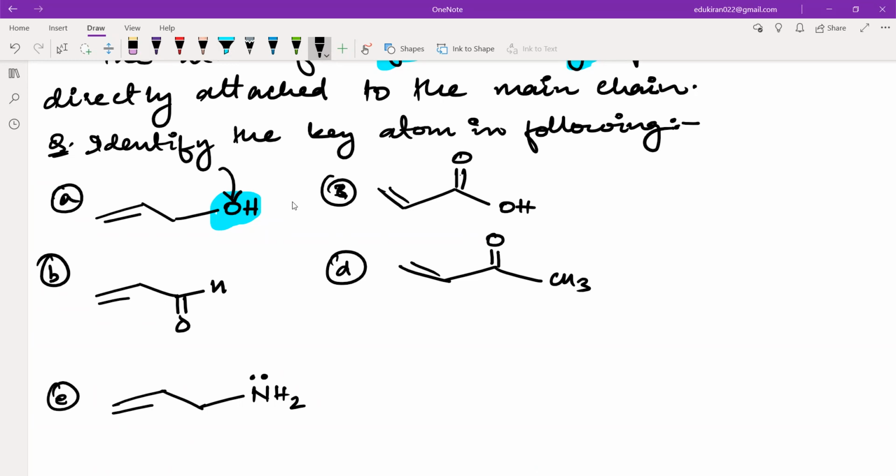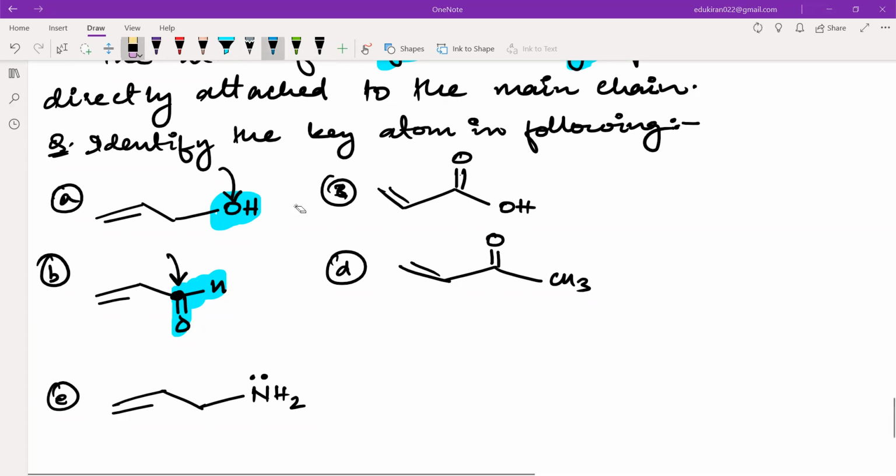Oh, aldehyde. See, now you got it. This is your functional group. So now tell me, what will be the key atom? This functional group is attached to the main chain. This is our chain, the main substrate. So this is the key atom. Carbon is the key atom. Okay, got it?